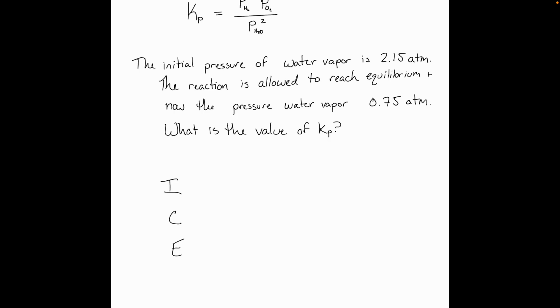I stands for the initial concentration or pressure. That's not how you spell initial. Maybe it is. The C in our ice table is the change that occurs. And then the E on our table is the value at equilibrium.